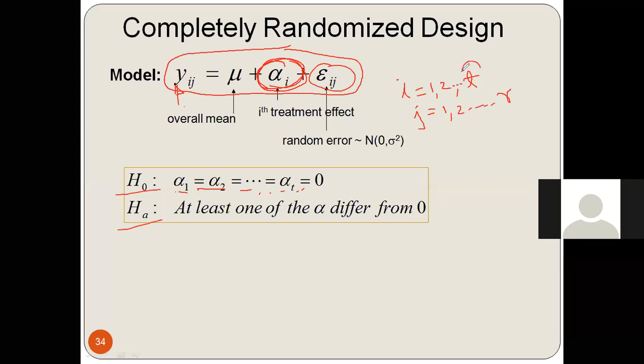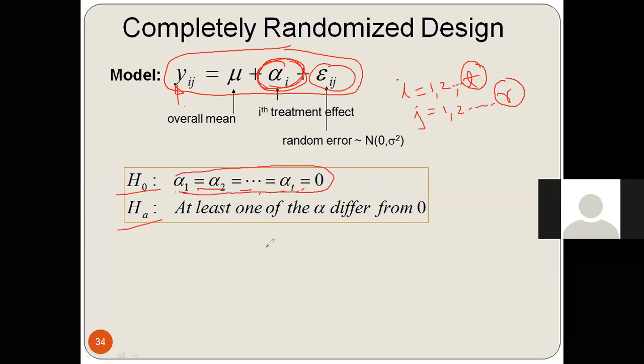Normally the number of treatments is indicated by t, and the number of replicates by r. This information is not available on the screen, so better write it in your notes. Based on that, we can put up our null and alternative hypothesis.